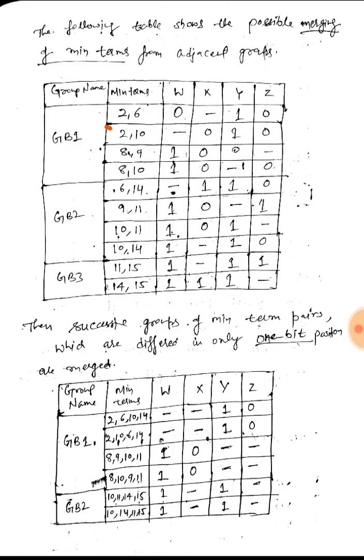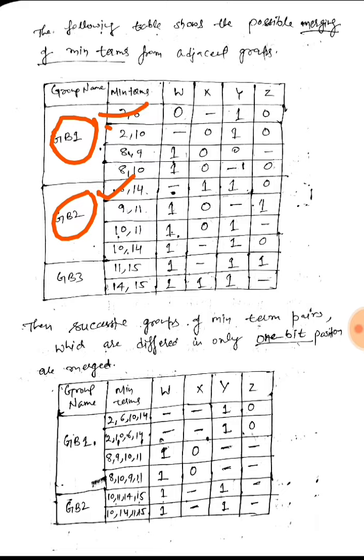So in 2, 6 and 2, 10 and 6, 14 I will compare the minterms of group 1 with group 2. So 2, 6 and 10, 14 have only one bit change.